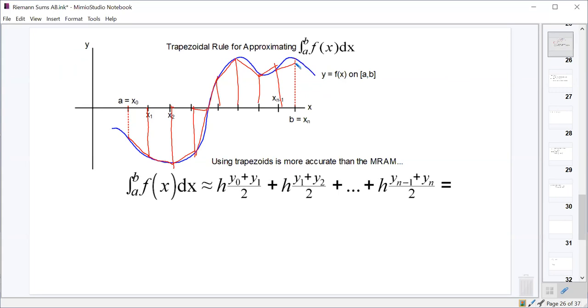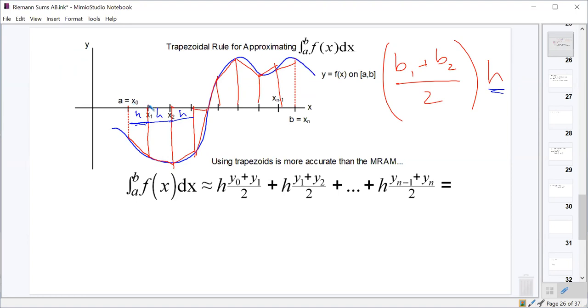And so what's the area of a trapezoid? Should be base 1 plus base 2 divided by 2 times the height. So what are each of those things within our function? Well, the height of each trapezoid is just h right there. It's just the length of the subinterval. That's the height of the trapezoid.